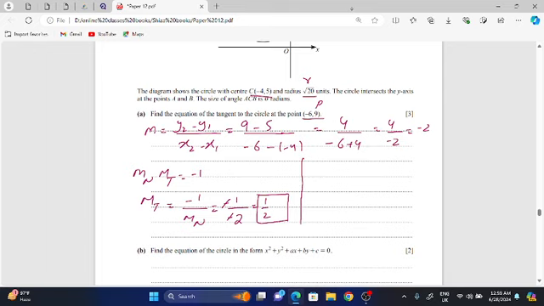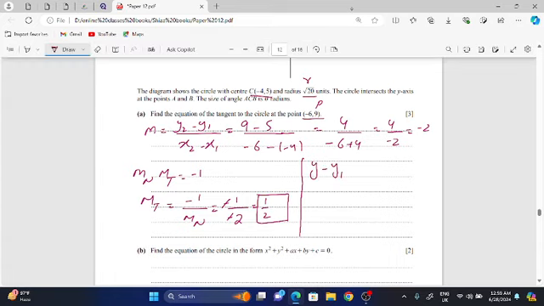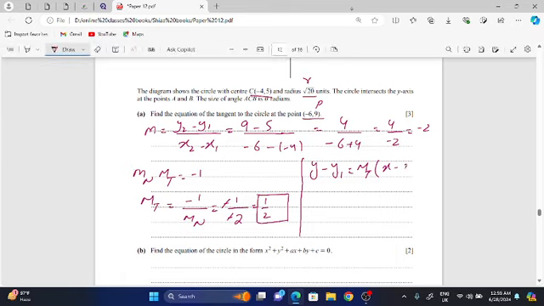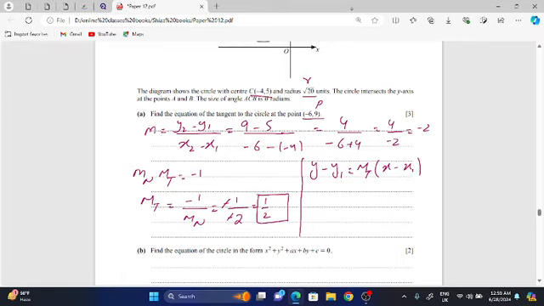I need to find the equation. The equation is y minus y1 equals slope of tangent times x minus x1. It is passing through the point (-6, 9), so I will use that point.